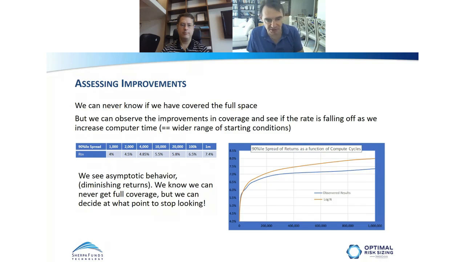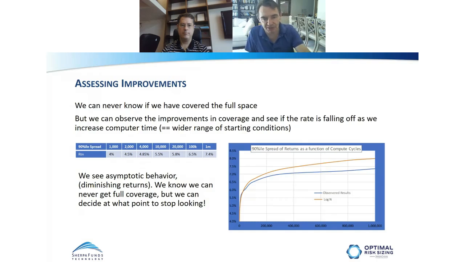This graph takes one of the stats, which is the 90 percentile spread, so the spread between the lowest 5th percentile and the highest 95th percentile return stream. Let's see how much wider that becomes as you increase the compute cycles and the starting condition protocols.